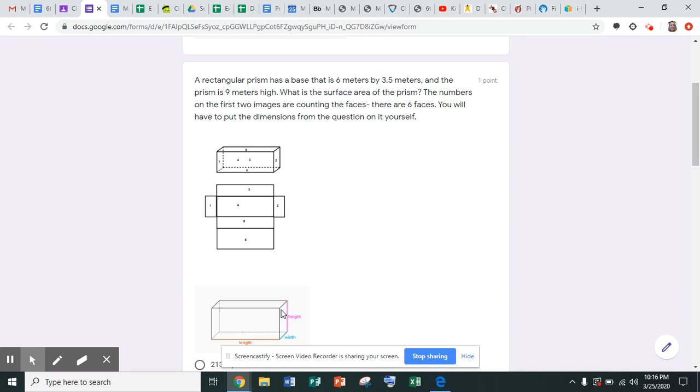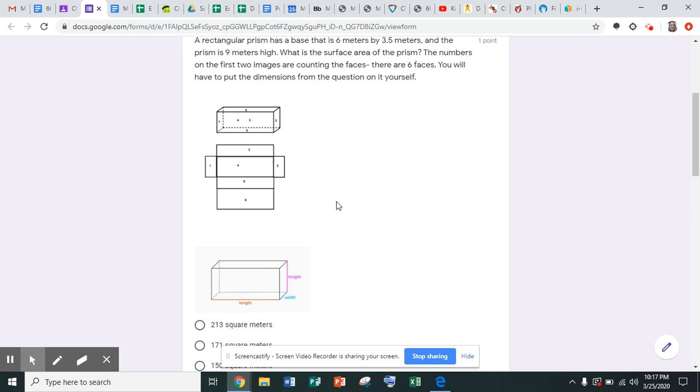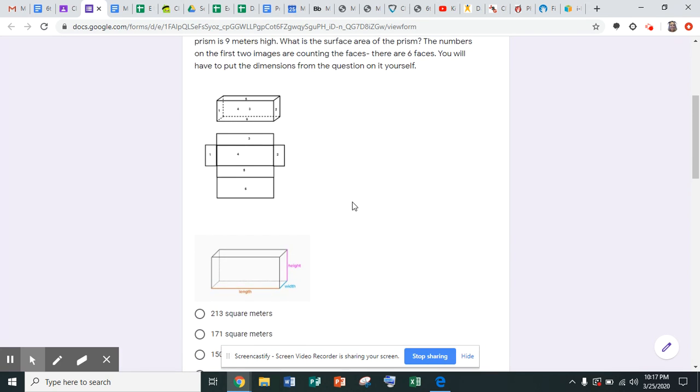Then you have your top and your bottom. The bottom has a length of 6 and a width of 3.5, or 3 5/10. So for the top and the bottom, you have 6 by 3.5. Then you have the 2 sides, and the 2 sides are 3.5 by 9. Hopefully that helped by breaking it up like that, and then you need to solve for the surface area.